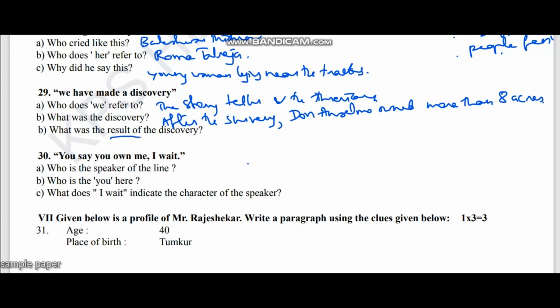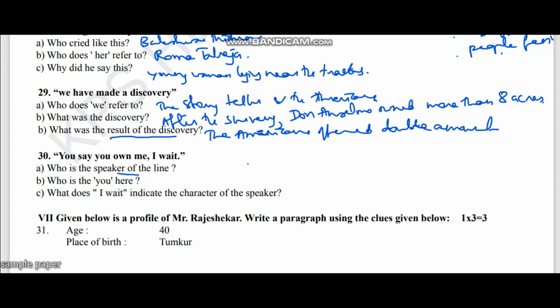What was the result of the discovery? As a result of the discovery, the Americans offered double the amount to Don Anselmo.